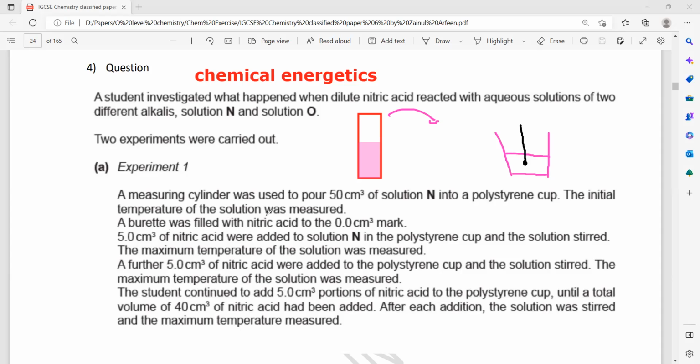Then a burette was filled with nitric acid, HNO3, and 5 cm cube of nitric acid was added from the burette.